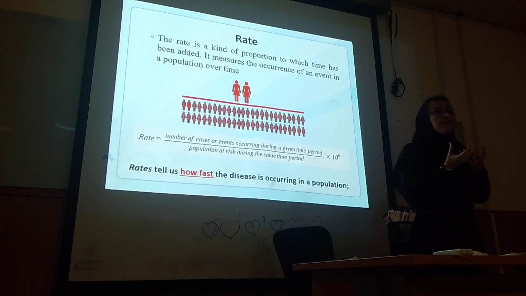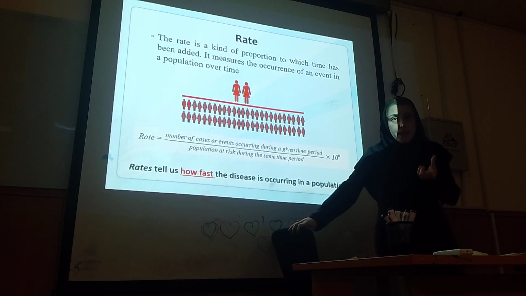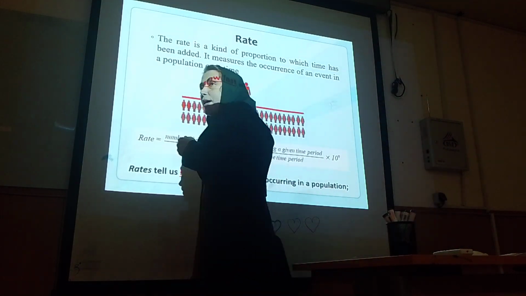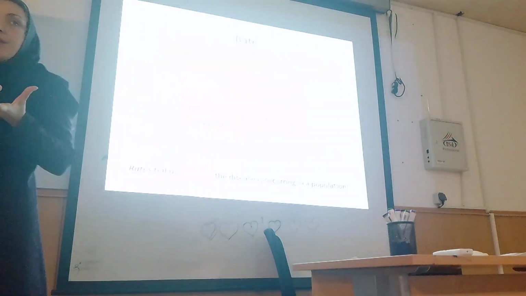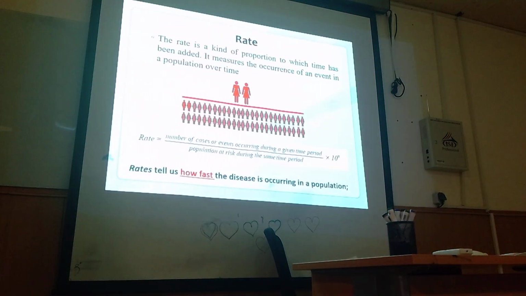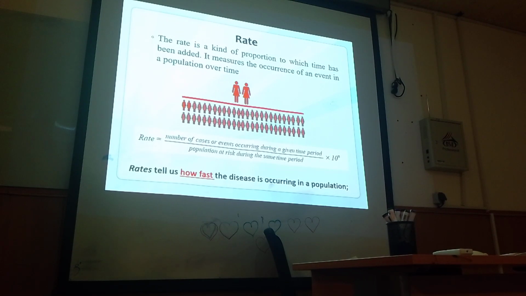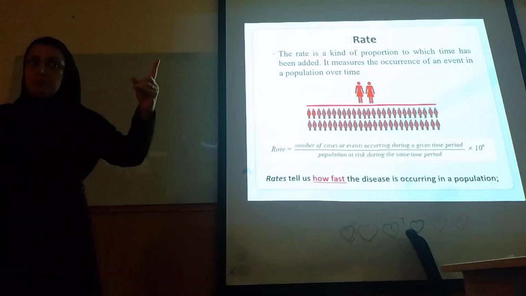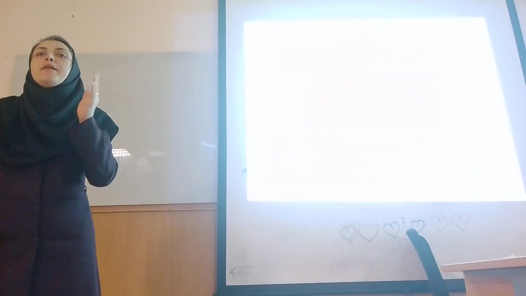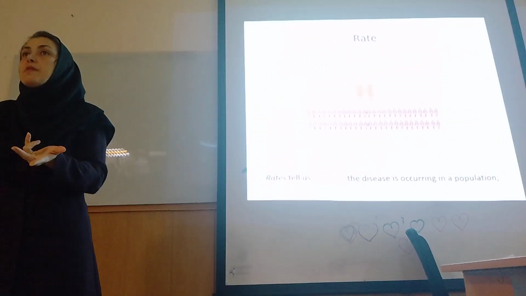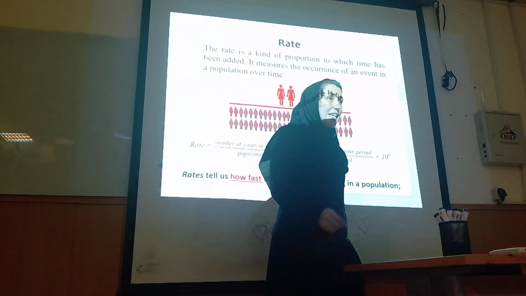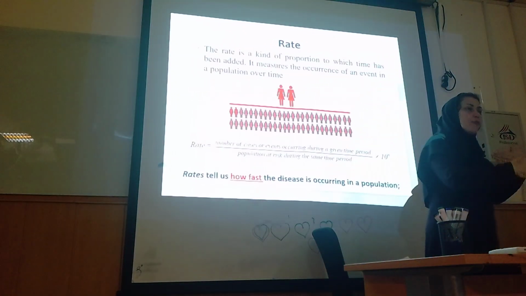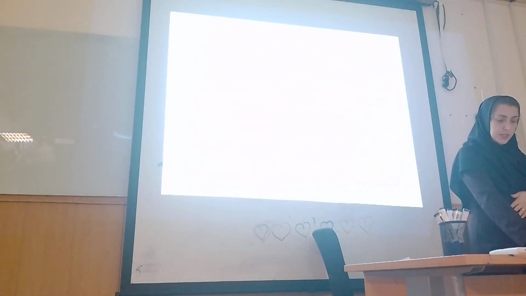Rate is a kind of proportion, but since you have time inside this measure, it is a kind of rate, like speed. Because 10% during 6 months is different from 10% during 2 months. So we will use these measures during our courses of epidemiology.